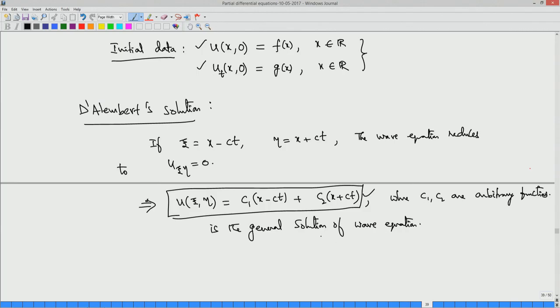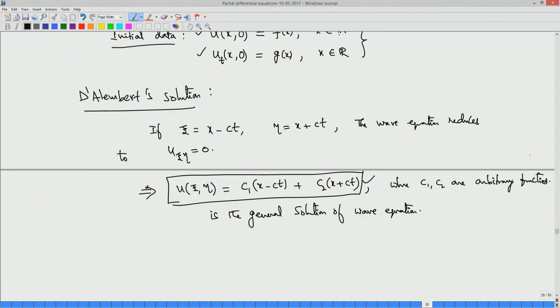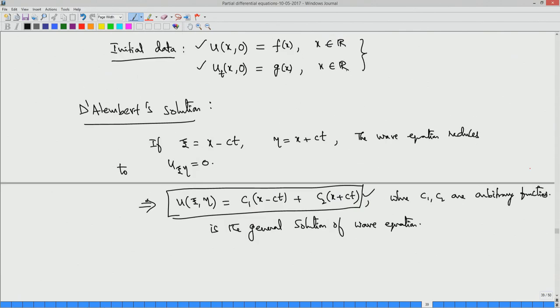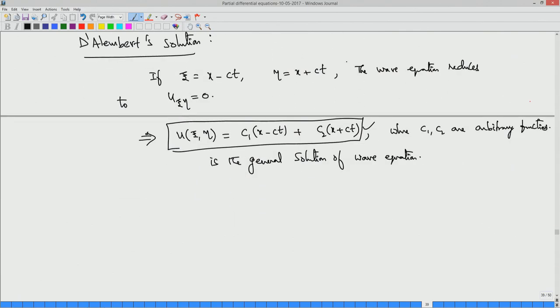Now, we simply would try to apply these boundary conditions, okay. So, what is your boundary condition? u(x,0) is f(x). Once you get a general solution in the new variables, u of xi eta is C1 of xi plus C2 of eta, and once you bring it to the old variables, u of x,t is this, your general solution of the given wave equation.